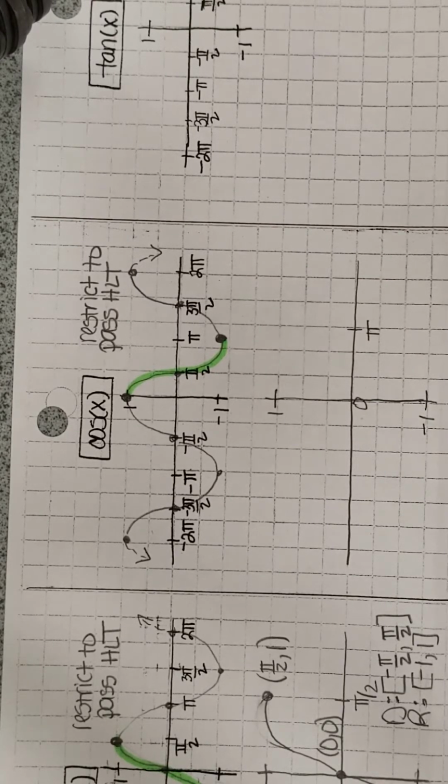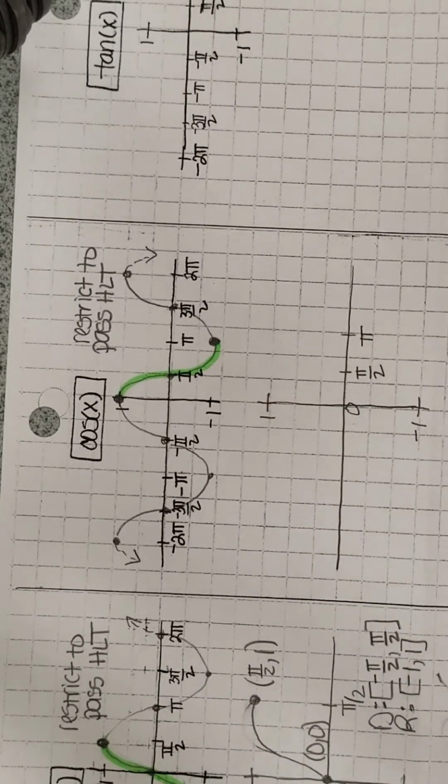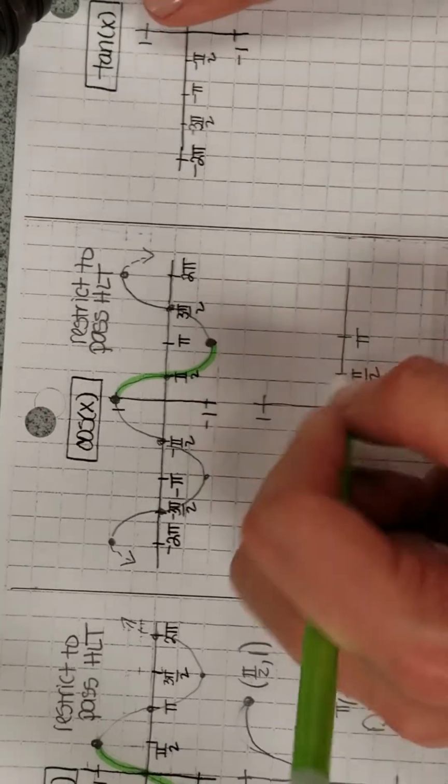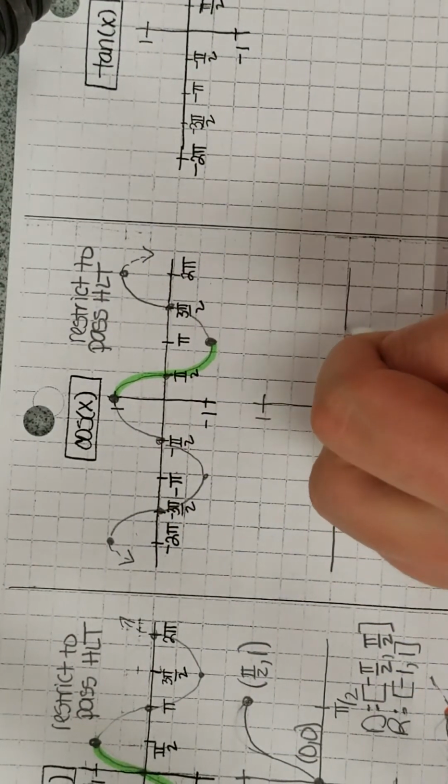And I do need this half mark at pi over 2 as part of my graph. I have some space, so I'm actually going to spread it out. I'll count every 2 boxes.